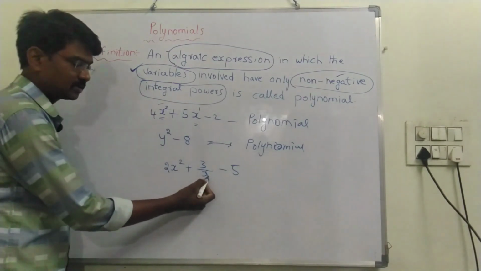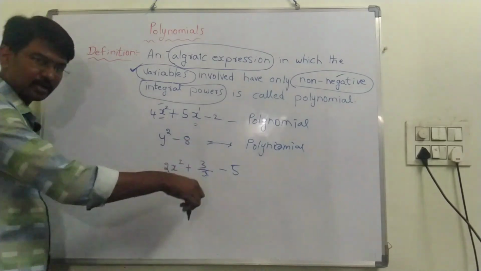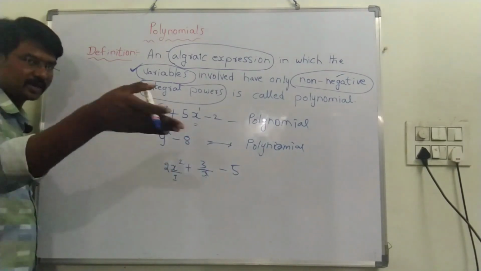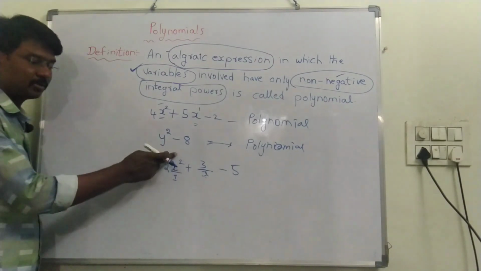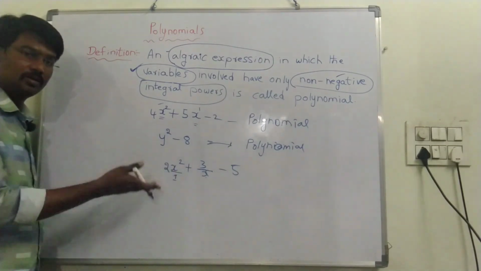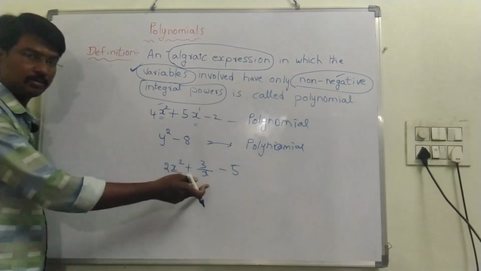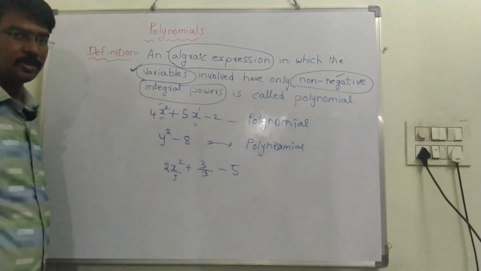But what about this? X is in the place of the denominator. Here x is in the place of the numerator. Yes, in fractions, the upper part is called the numerator, the lower part is called the denominator. So where is the variable here in the second term? There is x in the place of the denominator.